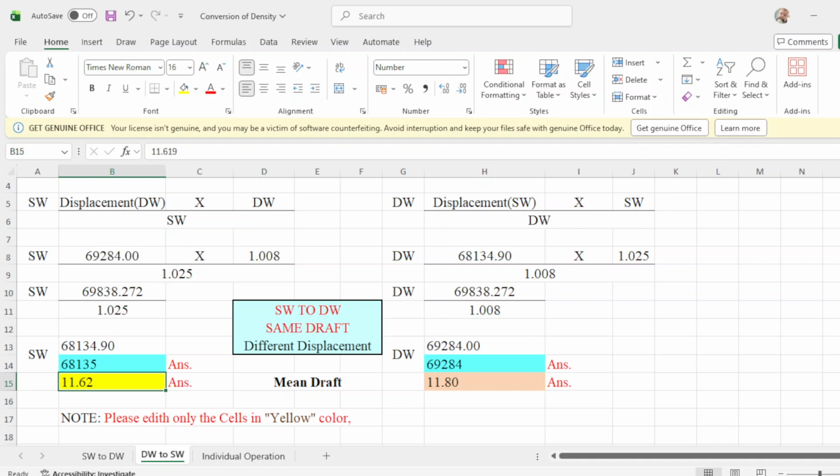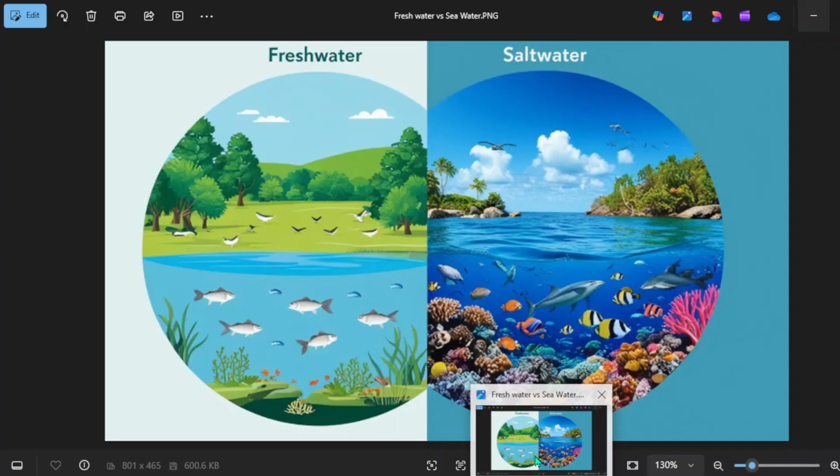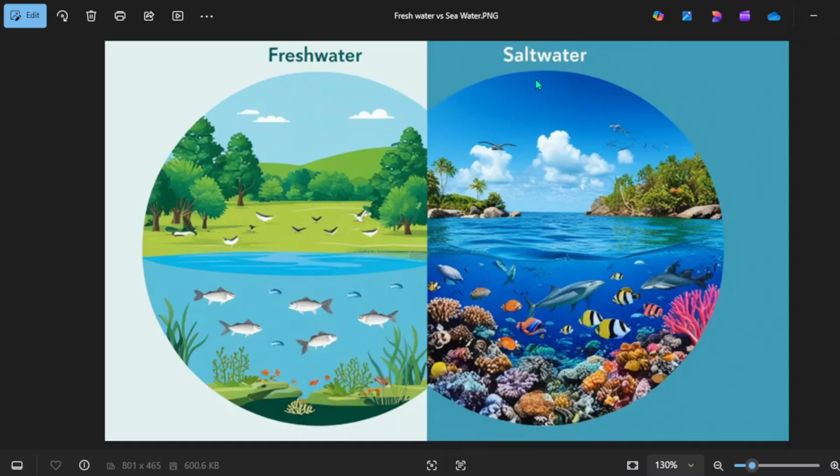And to give you an idea, this is what happens. When you are in salt water, look at the level of the water: the vessel is higher because the water is denser. But if you are in freshwater or dock water, you will go deeper down. You will have more drop. The vessel will go down, then you have more drop.